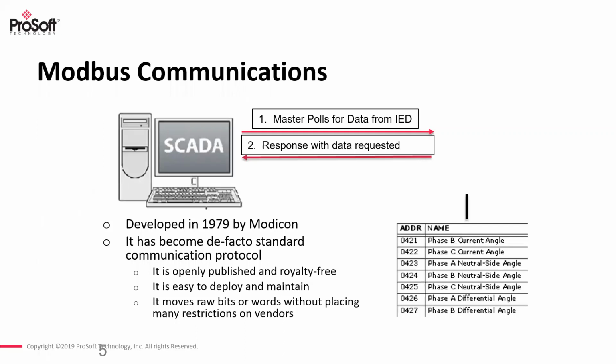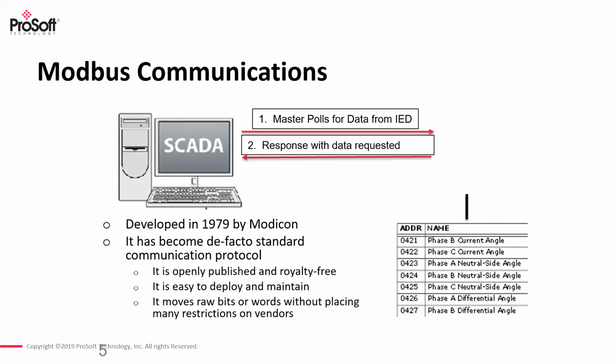Just to give you a little history, this will help to recognize the benefit of using a newer industrial standard or protocol such as IEC 61850. Modbus communication was developed back in 1979 by Modicon.